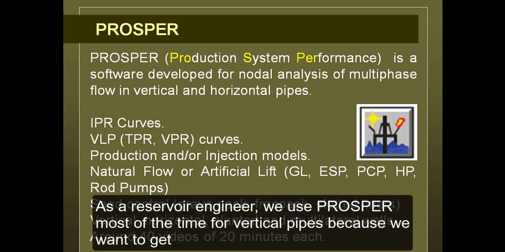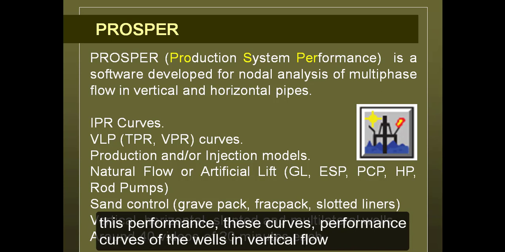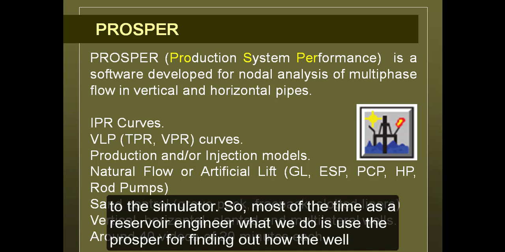As reservoir engineers, we use Prosper most of the time for vertical pipe because we want to get the performance of the wells, and we can also export this performance curve for the well, vertical flow, to the simulator. So most of the time, as a reservoir engineer, that's what we do.